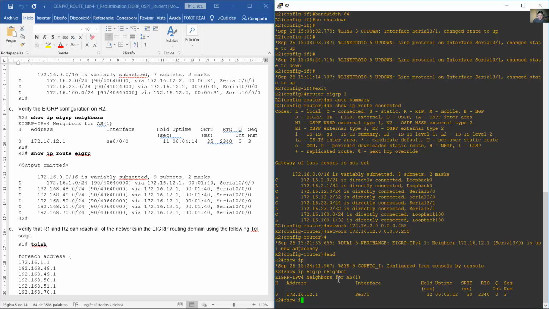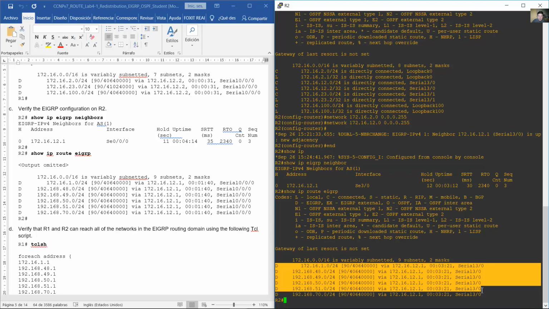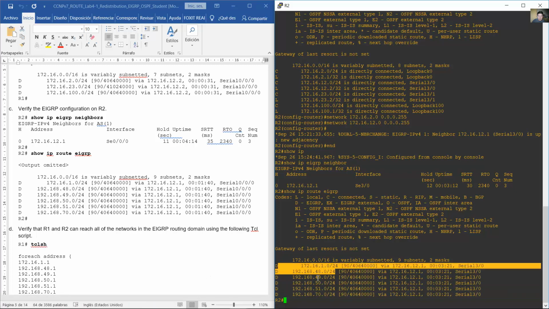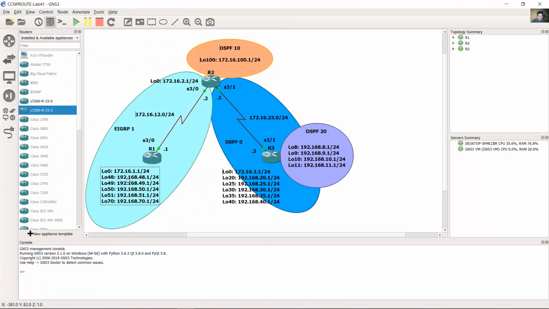And show ip route eigrp. These are the loopback interfaces on R1. Okay, 1, 2, 3, 4, 5, 6.